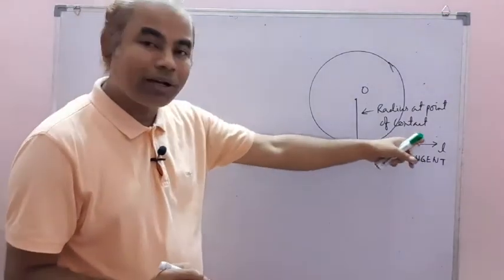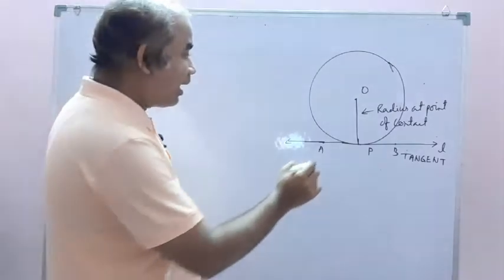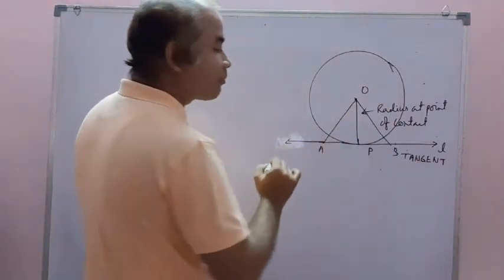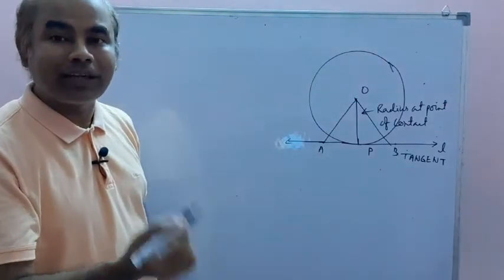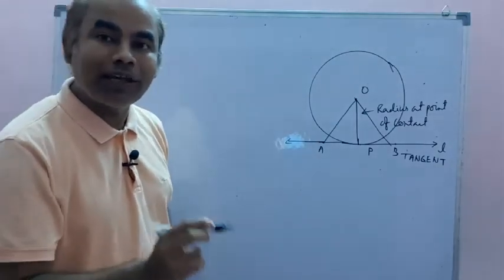Whatever points you take from the tangent, they are outside the circle. When you join OA, OB, their distance from the center O is more than the radius.